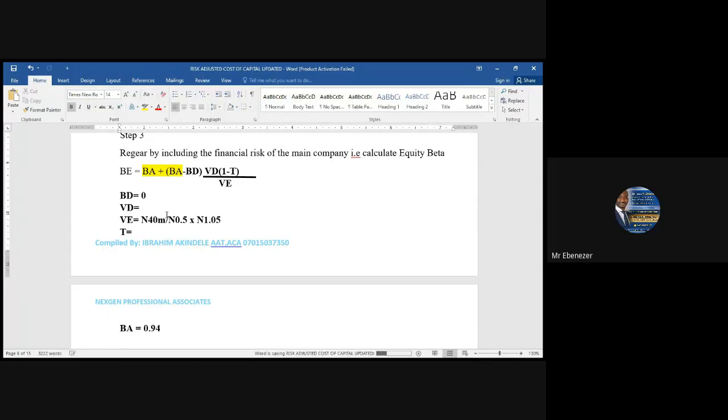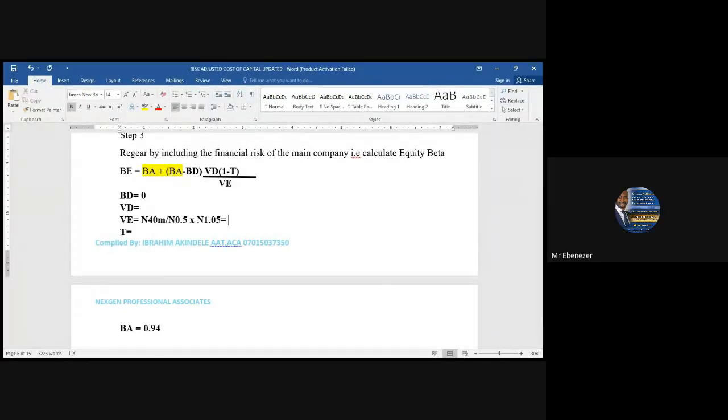Please, it is not all the time that the question will come in the form of debt to equity ratio, debt divided by debt plus equity. Sometimes the examiner may test your knowledge on how to determine the total market value. So what do we have here? 84 million.